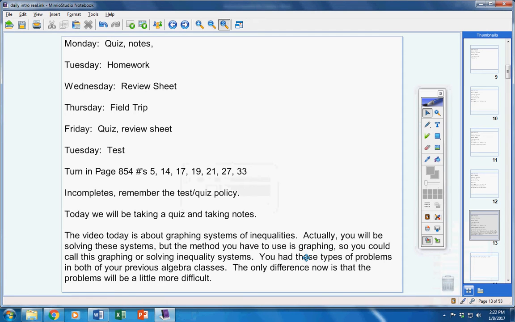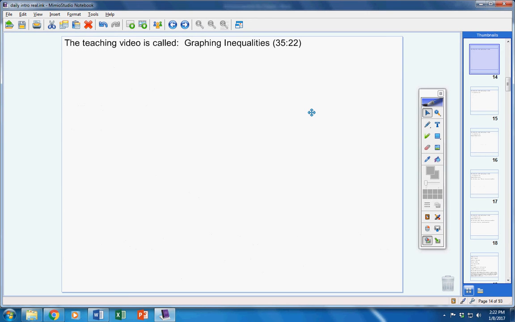Now, you had these types of problems in both of your previous algebra classes, Algebra 1 and Algebra 2. The only difference now is that the problems will be a little more difficult, all right? There's the teaching video, graphing inequalities, or you could also call it solving inequalities, about 35 minutes long today. Okay, let's go over today's quiz.